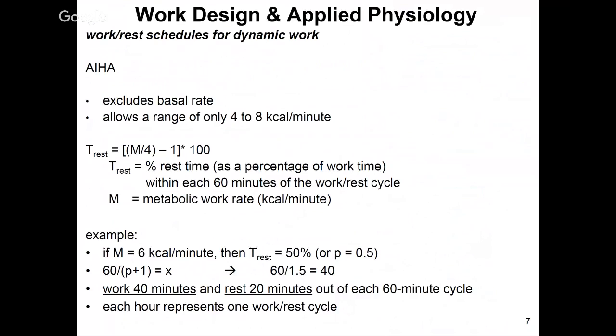But it's something to consider if you're trying to figure out how quickly you need to pace work, or how slowly, for example, if you need to slow it down. They have this little equation here where the percent of rest time is this fraction here, m divided by 4 minus 1, and then multiplied by 100, so that gives you the percentage. So pretty simple, and you can see an example down below.